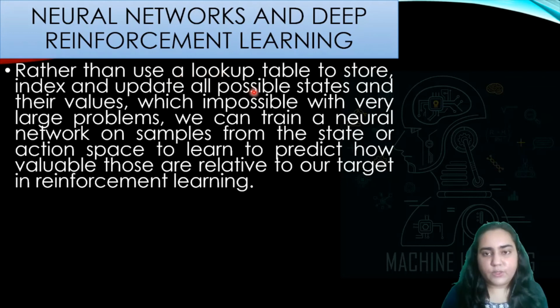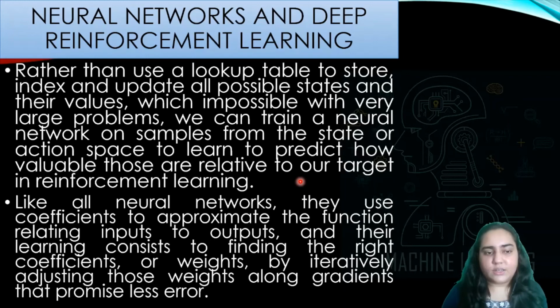So rather than use a lookup table to store, index, and update all possible states and their values, which would be impossible if you had a really large problem, you could train a neural network on samples from the state or action space to learn to predict what will be the value of that according to your reinforcement learning. And like all neural networks, they will be using coefficients, which are biases or weights, to approximate the function relating inputs to outputs.